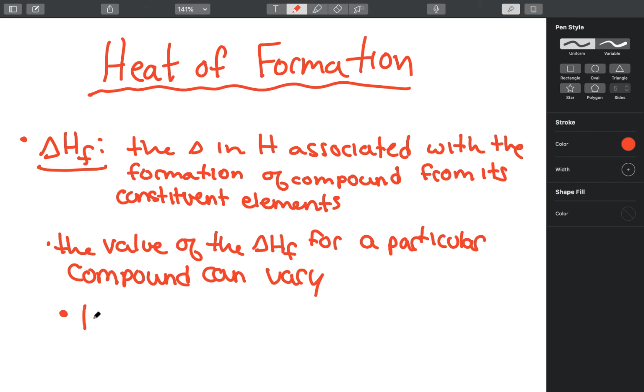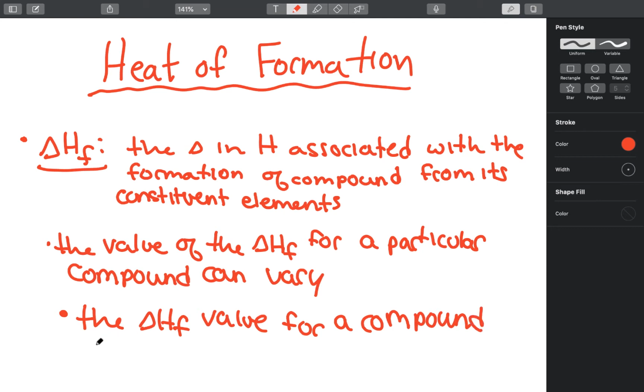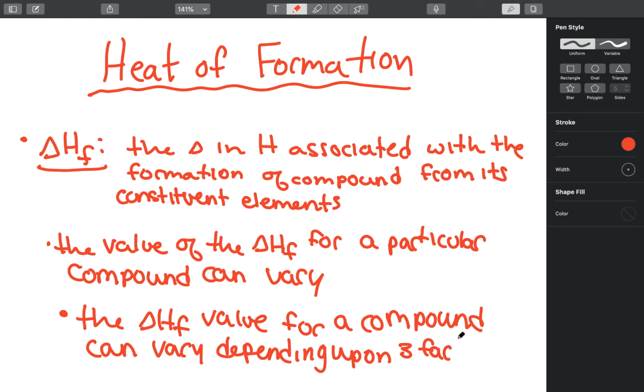The heat of formation value for a compound can vary depending upon three factors.